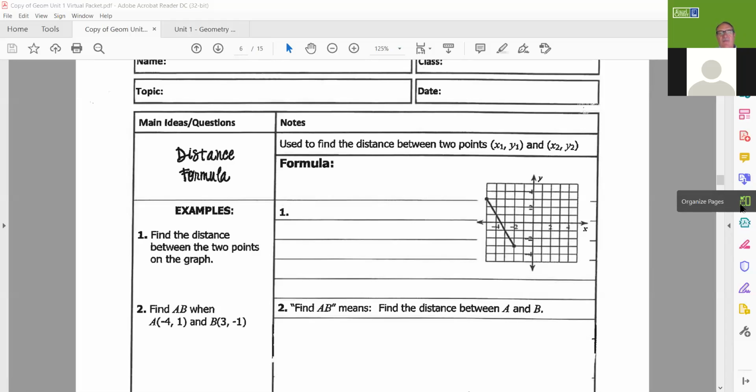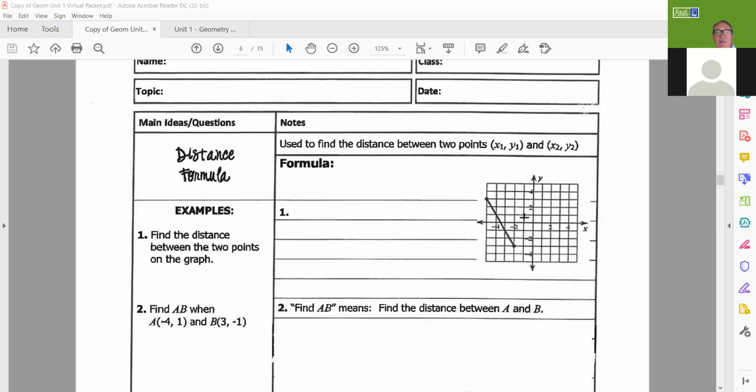So, first thing that you see on this page with the distance formula is a graph. I think I mentioned on Tuesday that the distance formula is really a variation of the Pythagorean theorem. Somebody reminded me that that was a squared plus b squared equals c squared.